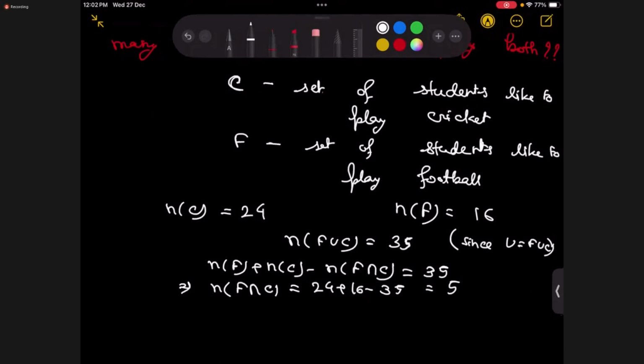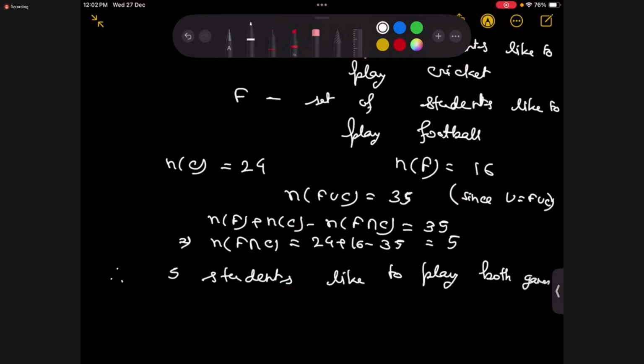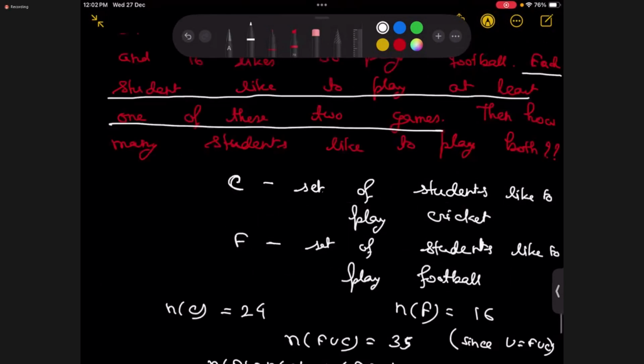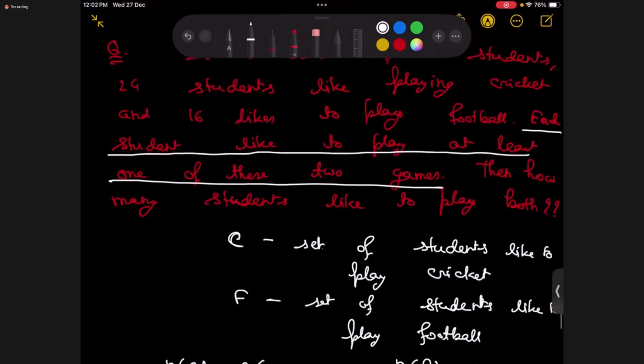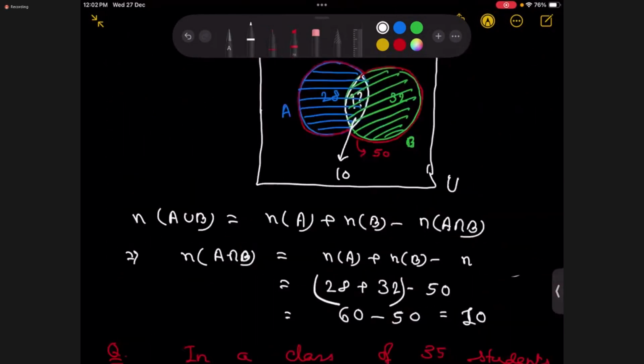So 5 students like to play both games. That is the answer. Thus we can handle real life problems using set theory and set theoretical notions.